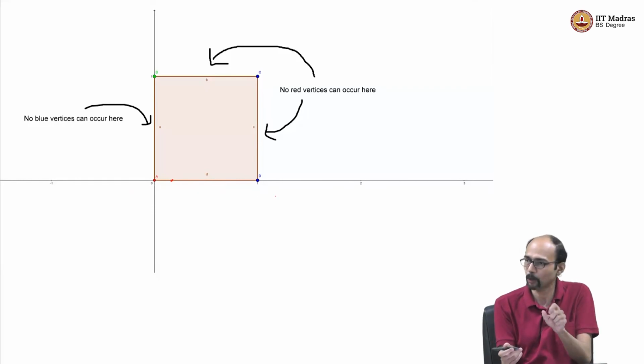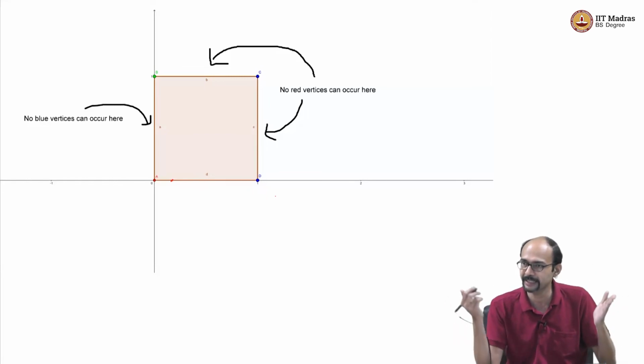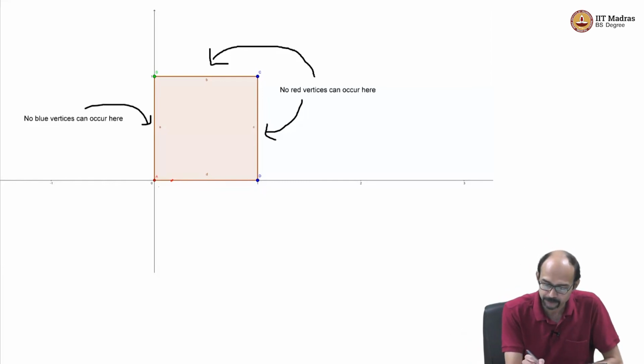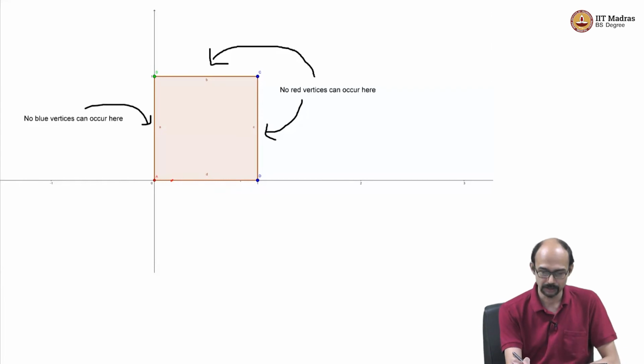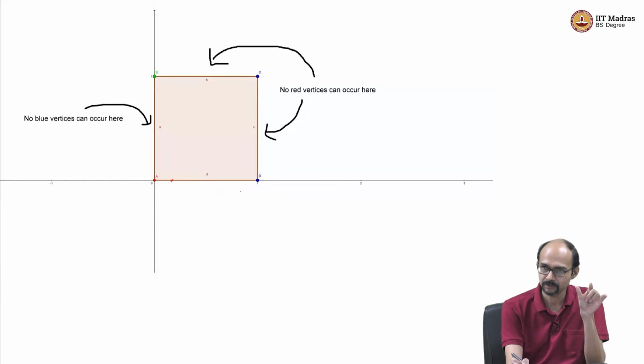So if you calculate how many segments will be red blue, it must be an odd number. You can check this. Think about how many times you flip from red to blue, because eventually it must be blue. You're starting with red and ending with blue, so it must be odd. So the number of boundary segments which are red blue must be odd.